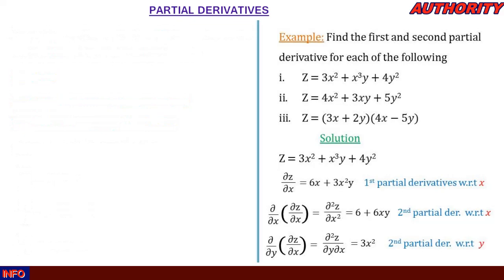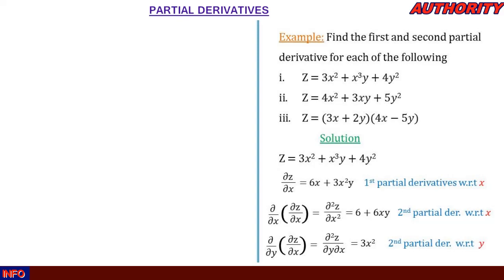So differentiating 6x gives us 0, and in 3x squared y, differentiating y gives us 1, and 1 times 3x squared gives us 3x squared. So the second partial derivative gives us 3x squared.